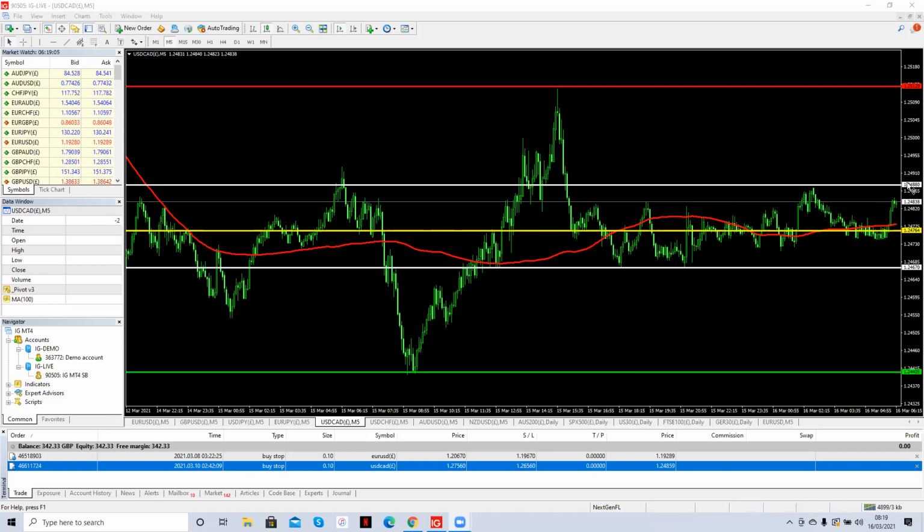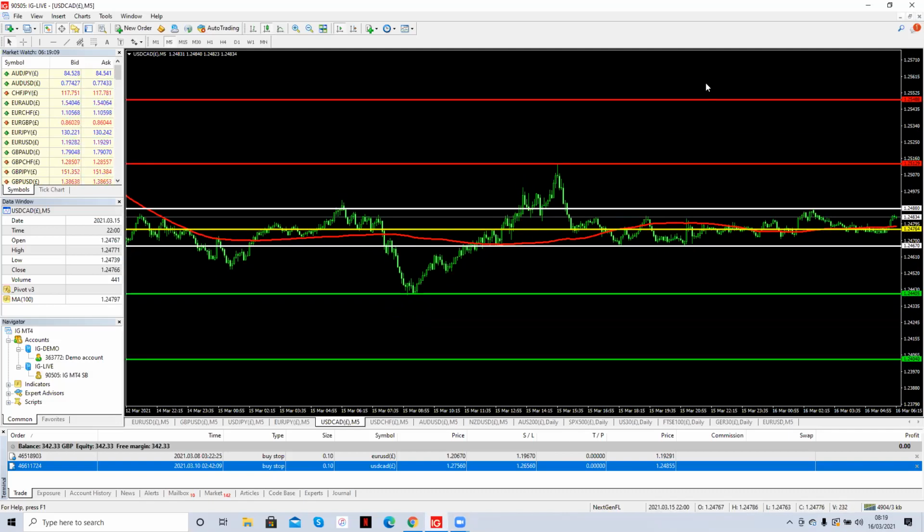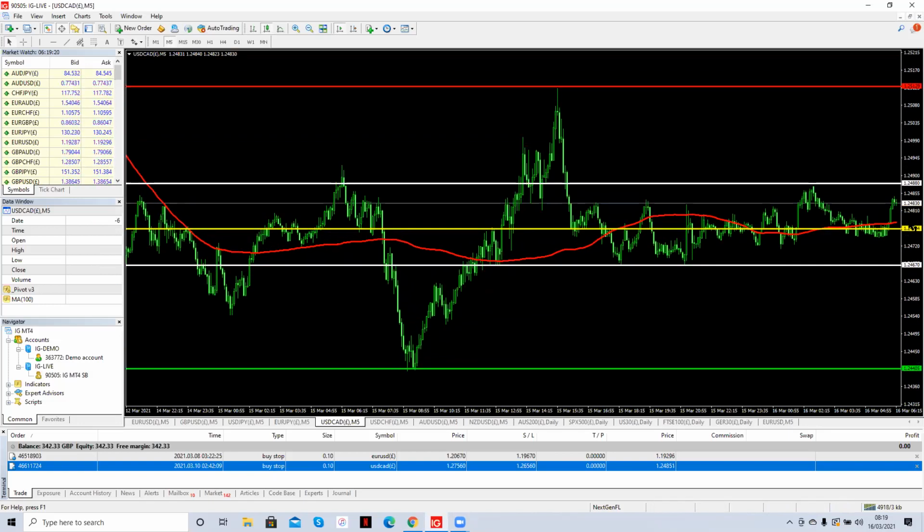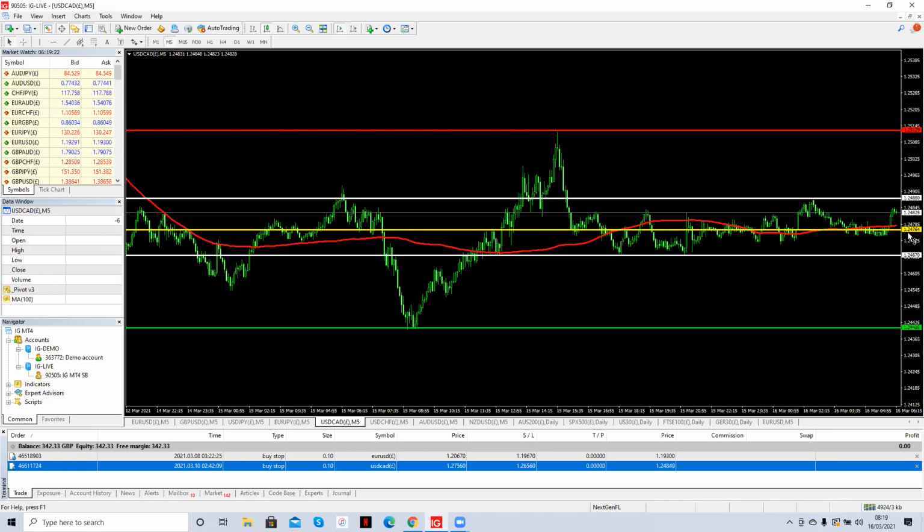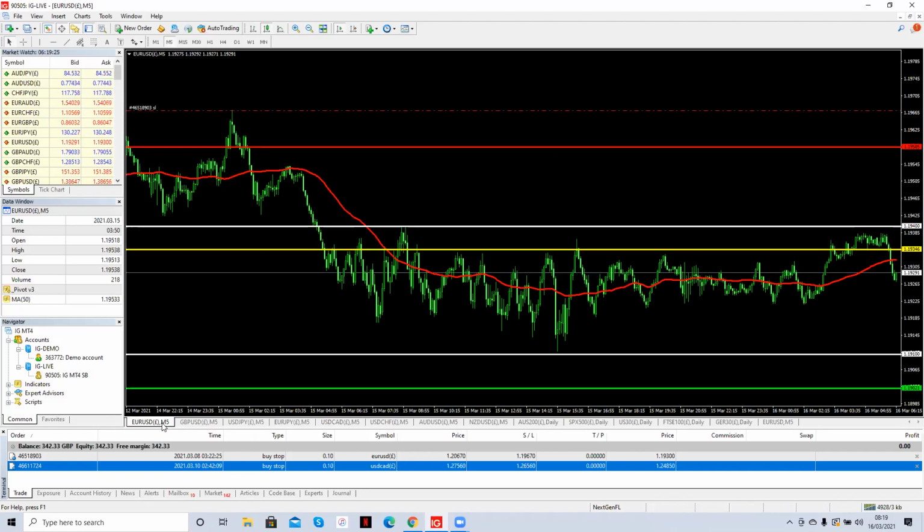For example, if you put your cursor on the vertical scale here, you click, hold, and scroll up and down, you can see all of them. So you can see that's the pivot, that's S1, S2, pivot, R1, R2. It just depends on how you adjust your chart that you see what you want to see.